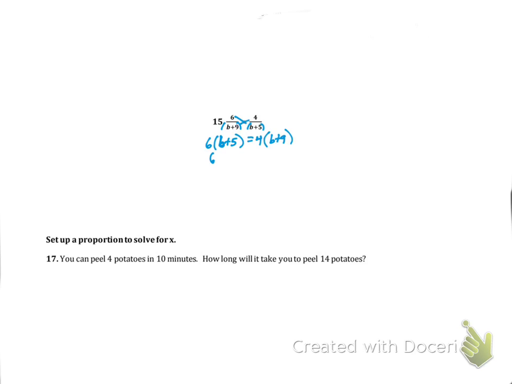So that'd be 6b plus 30 is going to equal 4b plus 36. Let's subtract 4b from each side, so I get 2b. I'm going to subtract the 30 from each side, and that is going to be equal to 6. Then I divide by 2 on each side, and b is going to be equal to 3.